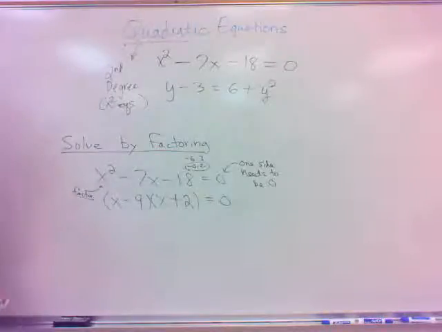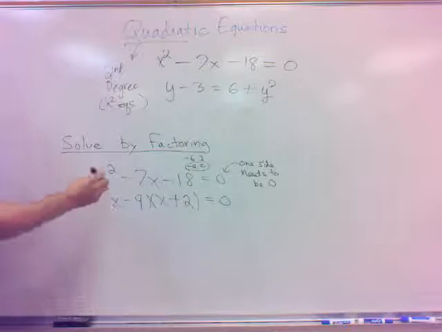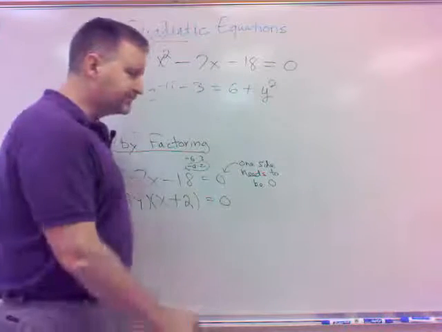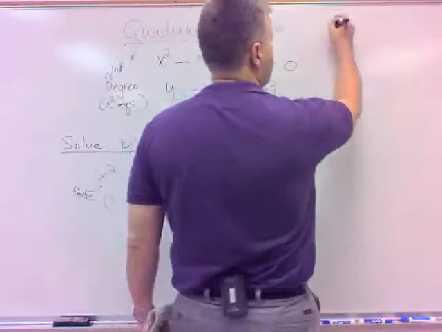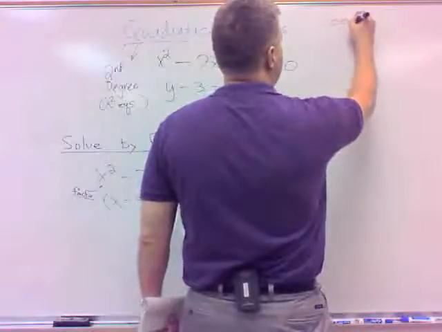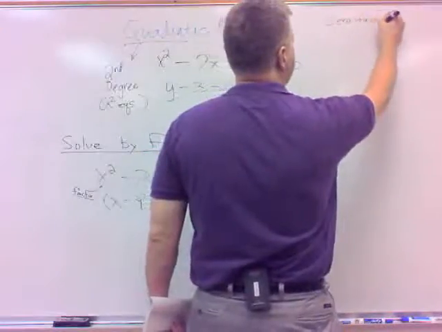Okay, well, what it amounts to here is we're going to take it one step further. You know, before we were just factoring, so we stopped when we factored it. Here, though, we're going to take it one step further, and here's the step further that I'm going to take. Turns out there's a little property called the zero factor property.